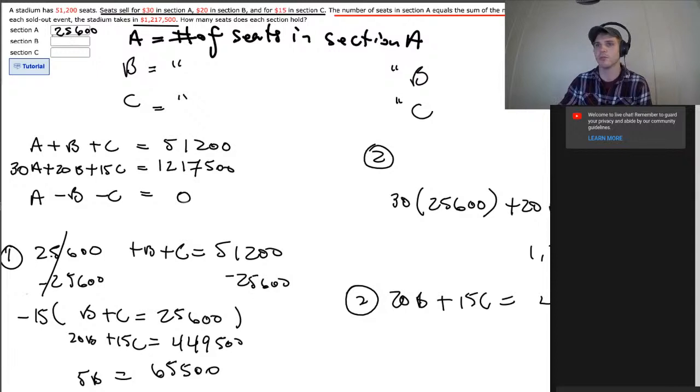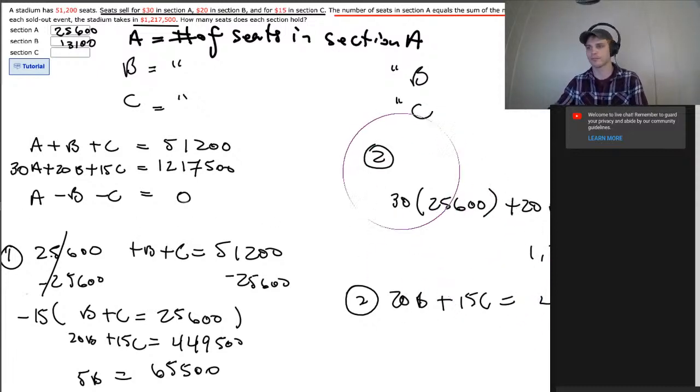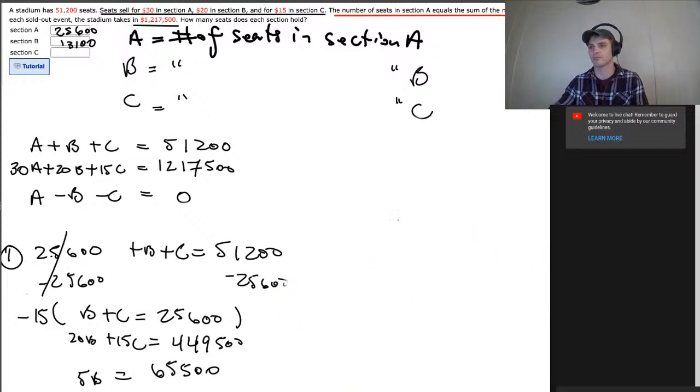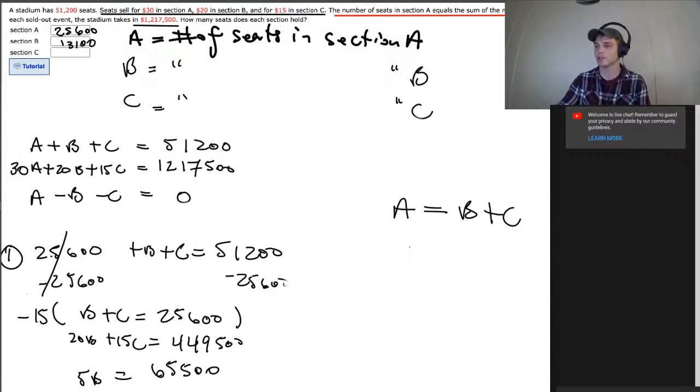And so now we know B and C. Or I'm sorry, A and B. So to figure out C, you can just use this equation. So A minus B minus C equals 0, which came from A equals B plus C. Right, so we just added B and C to both sides.